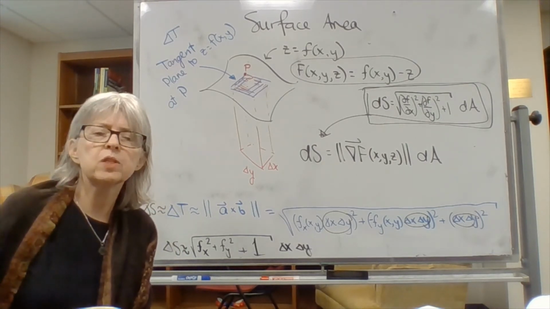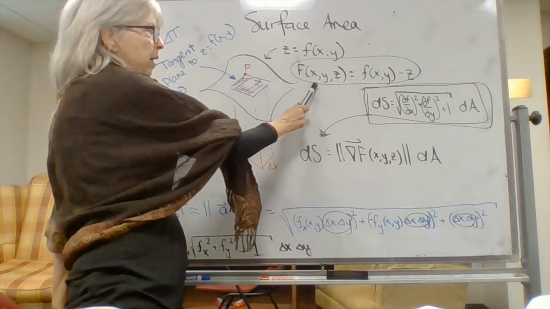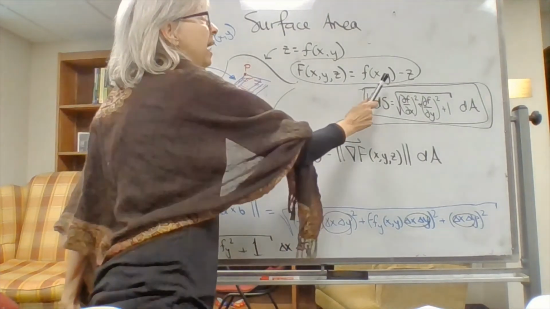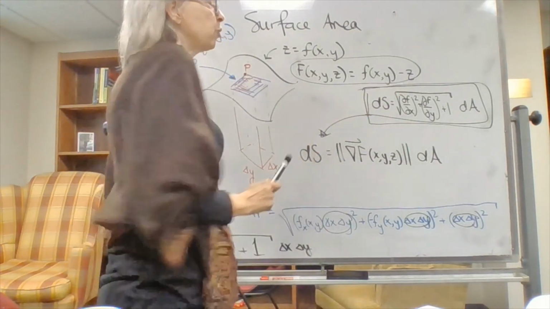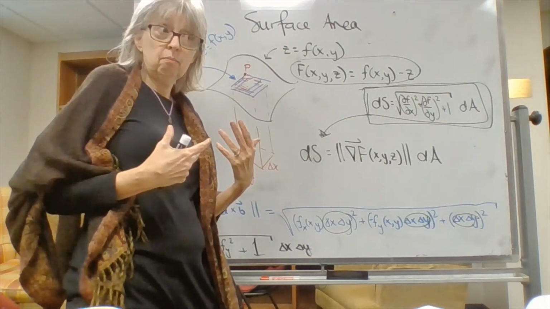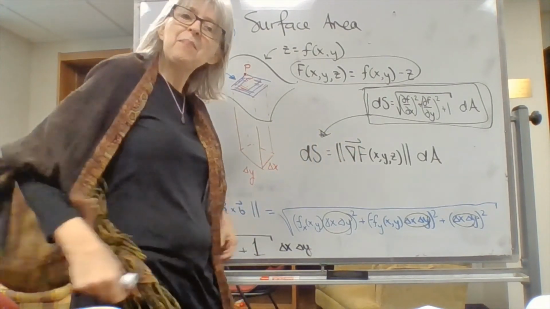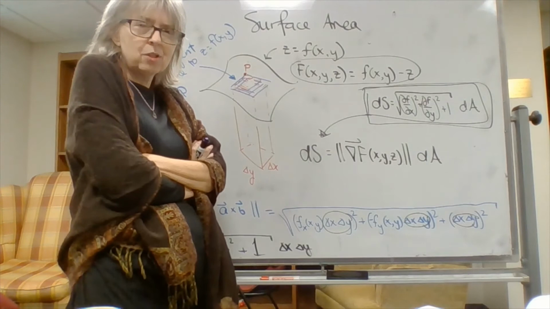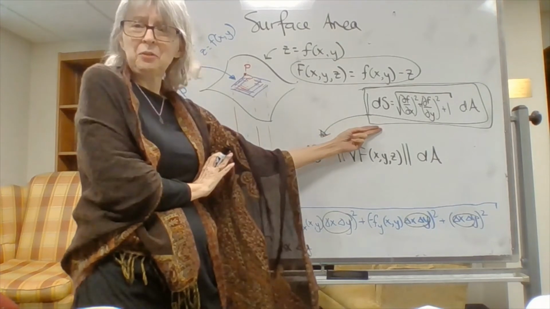Is it the same as my surface measure? Big F's partial with respect to x is whatever little f's partial with respect to x is. It's partial with respect to y is whatever little f's partial with respect to y is. And it's partial with respect to z is minus 1. So remember, gradient of big F is little f sub x, comma, little f sub y, comma, negative 1. And then the magnitude of a vector, you square components, add them up, throw a square root around them. That's exactly what's inside here.